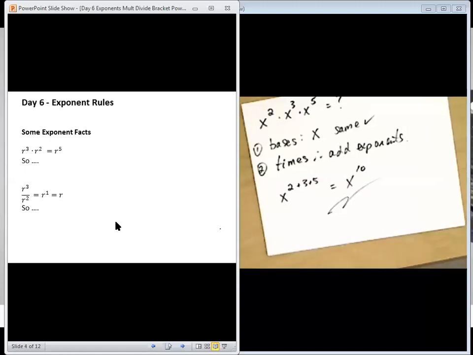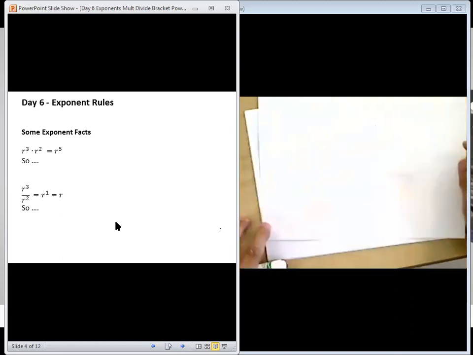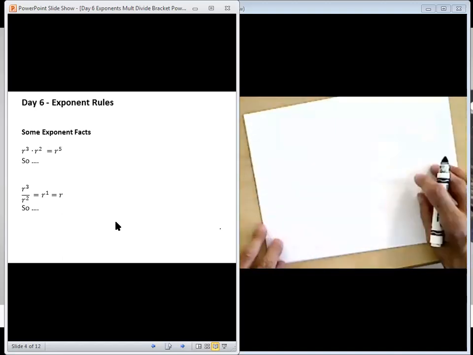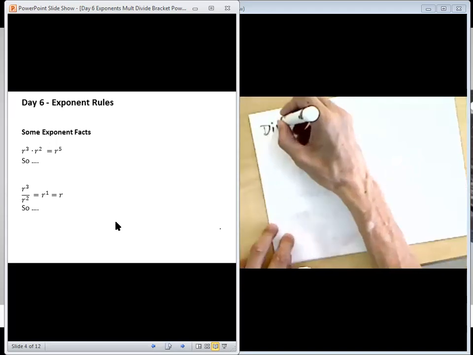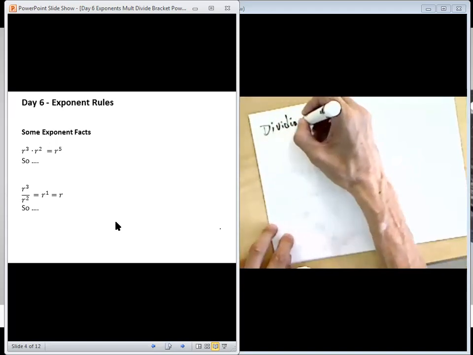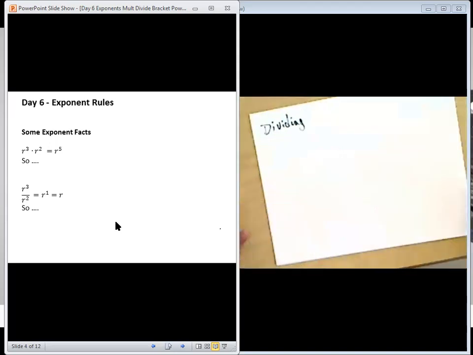So here's the other one. What's going on here? Zoom says dividing, I think, if I heard correctly. Yeah, nice. That's what we got. And so explode in your brain what all these X's are, so we can see, to make sure we get this right.